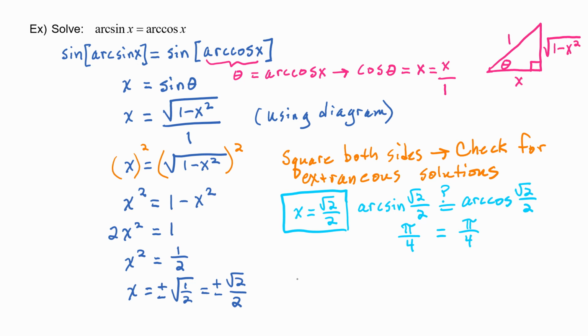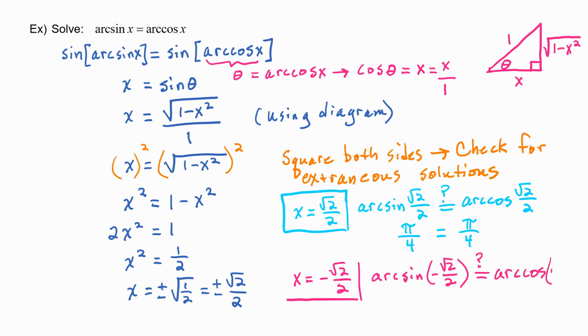Let's check x equals negative rad 2 over 2. We would have to do arcsine of negative rad 2 over 2. Does that equal arc cosine of negative rad 2 over 2?